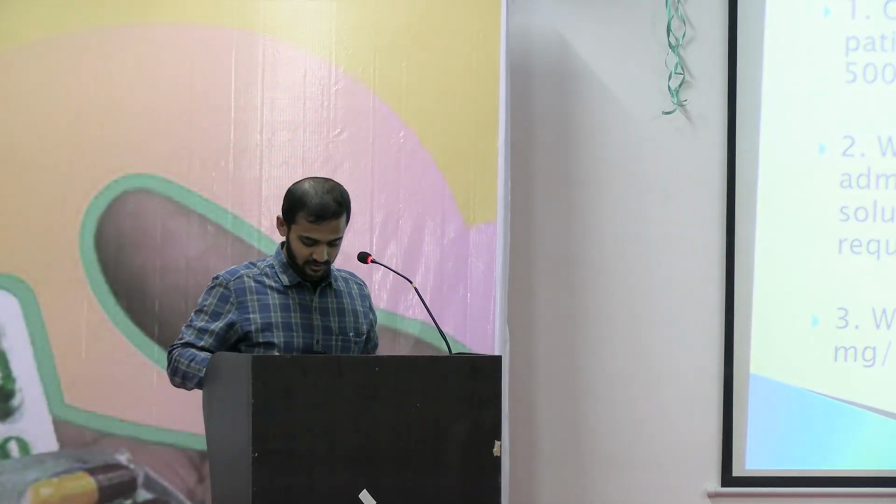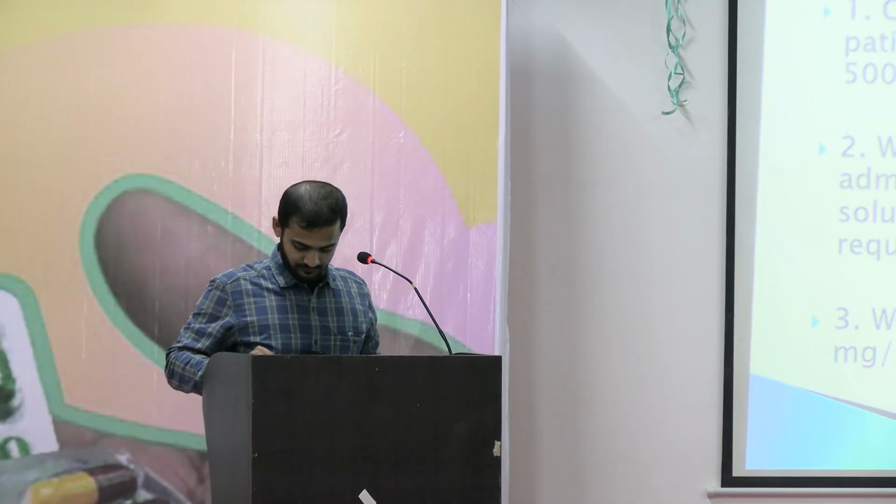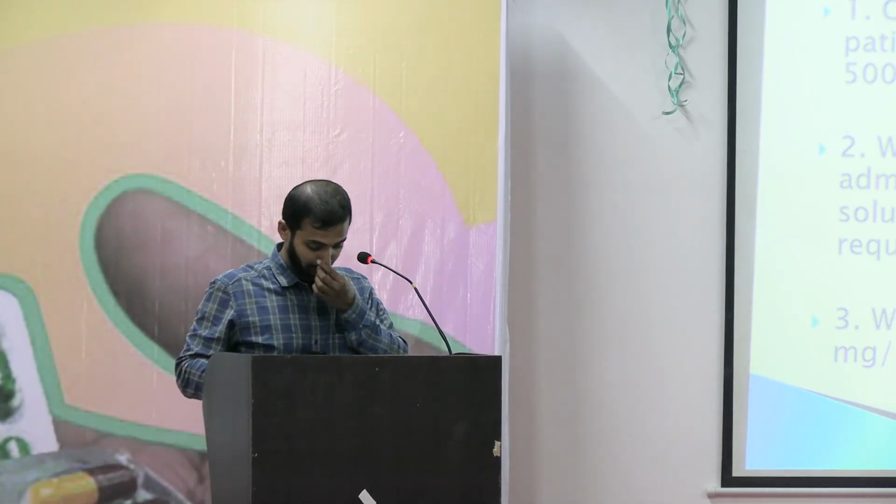So what is the first question? Calculate the dose for a 35 kg pediatric patient if the adult dose for a 70 kg patient is 500 milligram. How will you calculate? What is the formula?